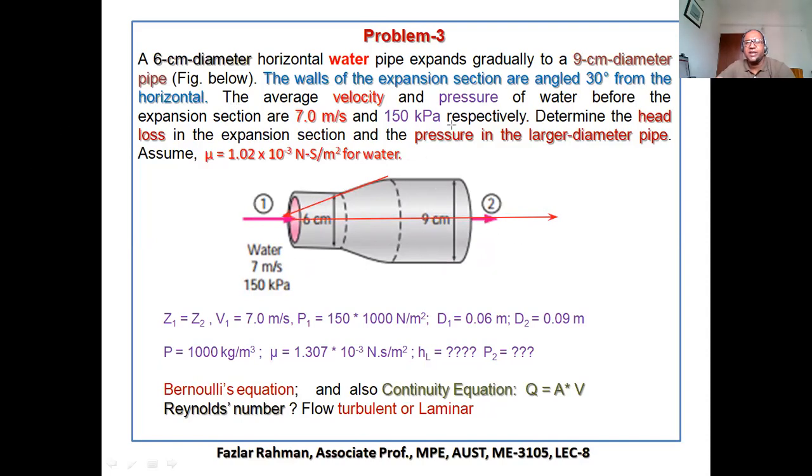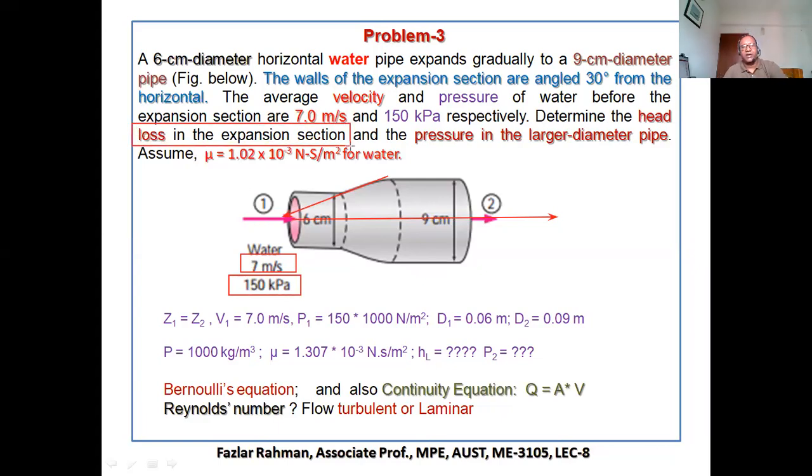The average velocity and pressure of water before the expansion section, that means at point 1, are given: water velocity 7 meters per second, pressure 150 kilopascal, P1 given. Determine the head loss in the expansion section.